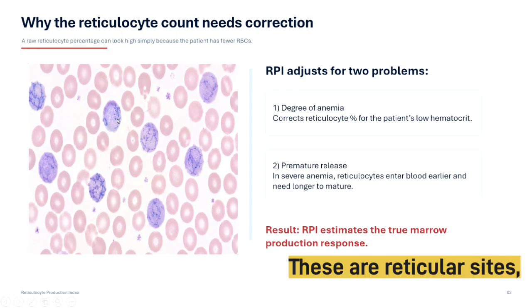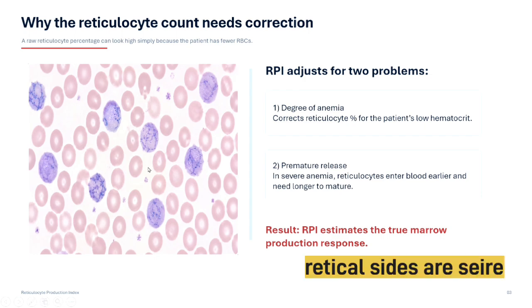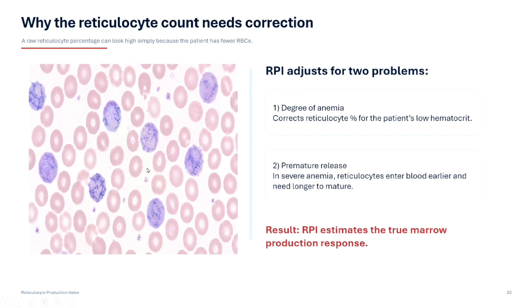These are our reticulocytes. As you see here, 1, 2, 3, 4, 5, 6, 7 reticulocytes are seen here.